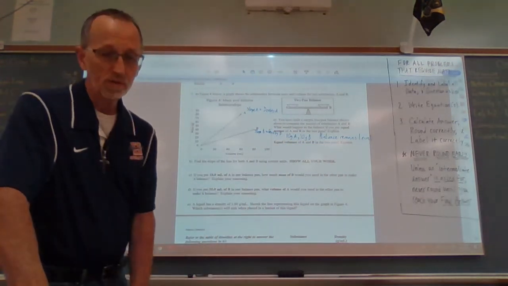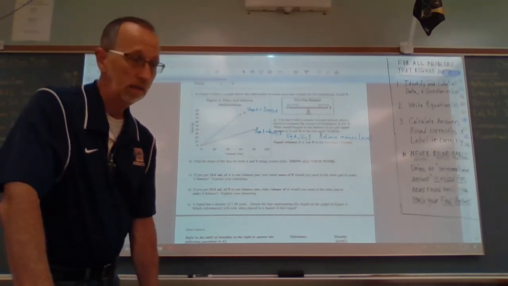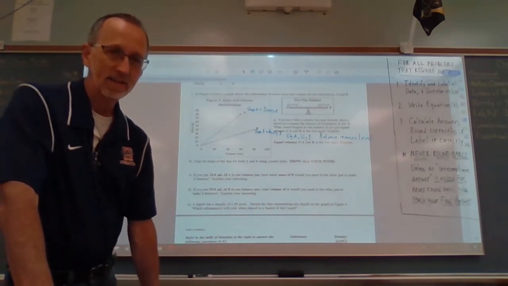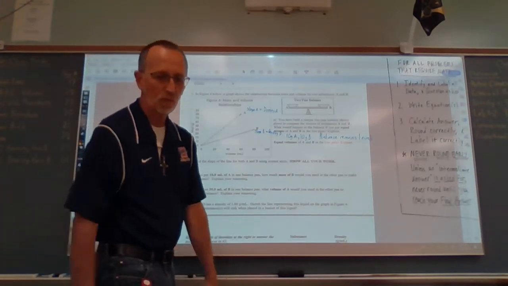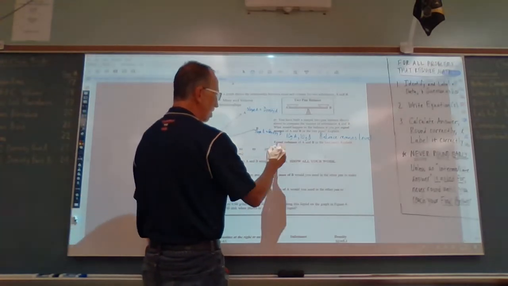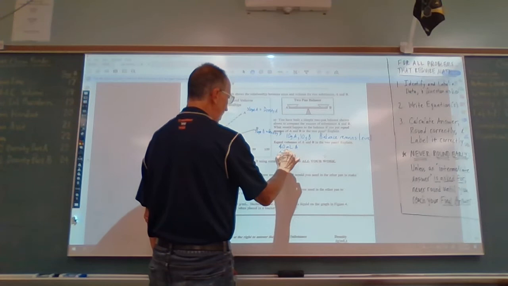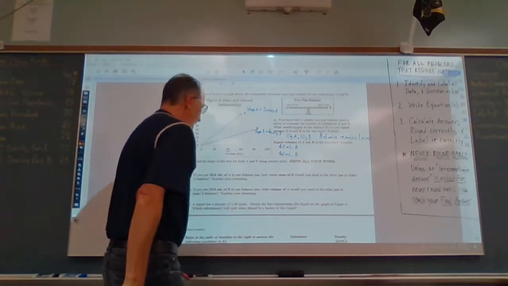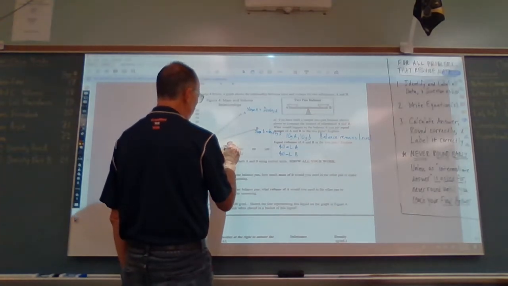What about if you put equal volumes of A and B in the two pans? Well, let's look at that. Let's just pick a volume. I picked 40 mLs. So if I have 40 mLs of A and 40 mLs of B, let's look at that. So here's 40.